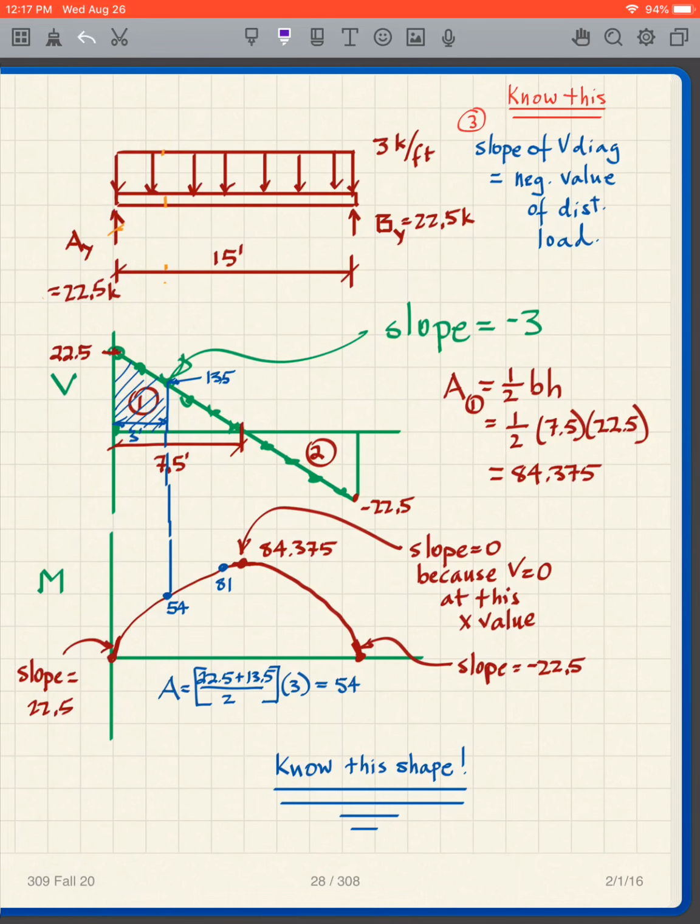So what do I end up with? It looks like this. I start at 22.5 and it keeps dropping a value of 3 each time to end up at negative 22.5, and I get that. For my M, I already did 2 of these for you. I got the 54 and I got the 81.